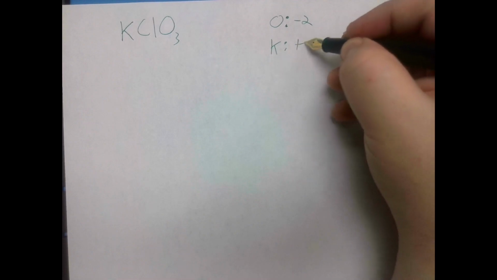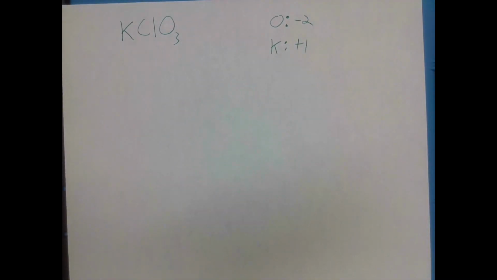Oxygen is always -2. Group 1, potassium, will always get +1. So this is potassium chlorate.